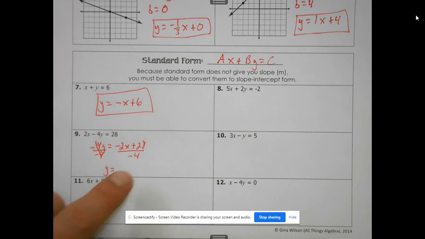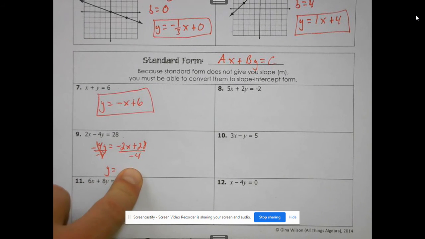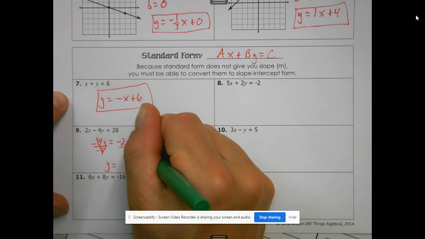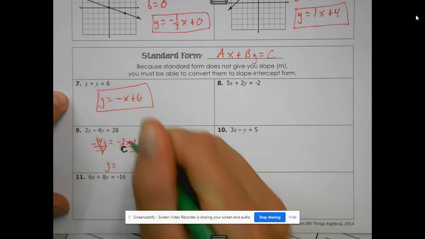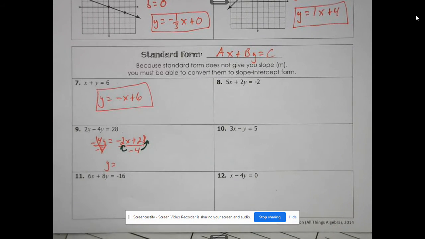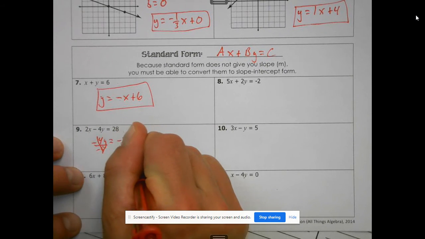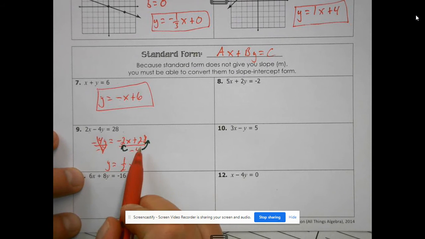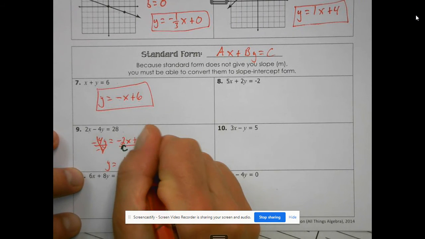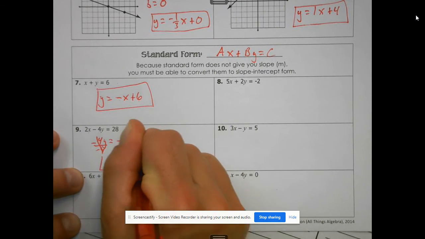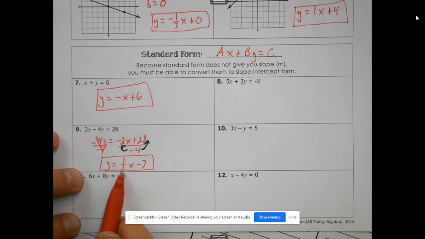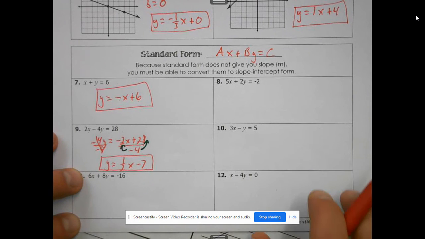Now remember, the -4 has to go into both pieces. 28 gets divided by -4, and then the 2 also gets divided by -4. -2 over -4 reduces to positive half. Bring down the x. 28 divided by -4 is -7. That is your equation. Slope is 1/2. Y-intercept is -7.